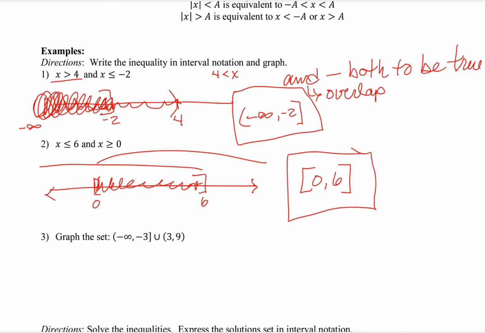Okay. So if I want to look at the graph of this one, it really is as easy as it looks. Here's -3, here's 3, and here's 9. Notice, I didn't put any tick marks. I'm just putting in my parentheses and my bracket, and then I just squiggle where it is.